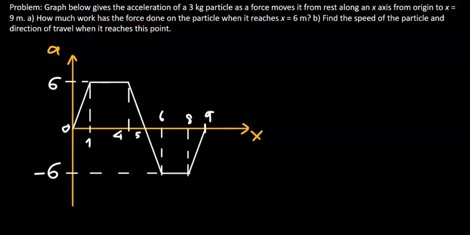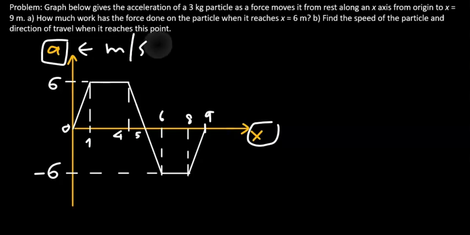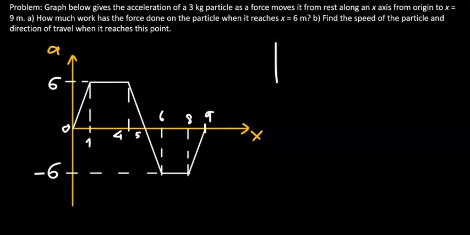Also find the speed of the particle and the direction of travel when it reaches this point. The first thing to interpret is this a versus x graph. A is acceleration in units of meters per second squared, and position is in meters. We recall that if you have force versus coordinate, and you have a graph like that, the area under the graph is the work.